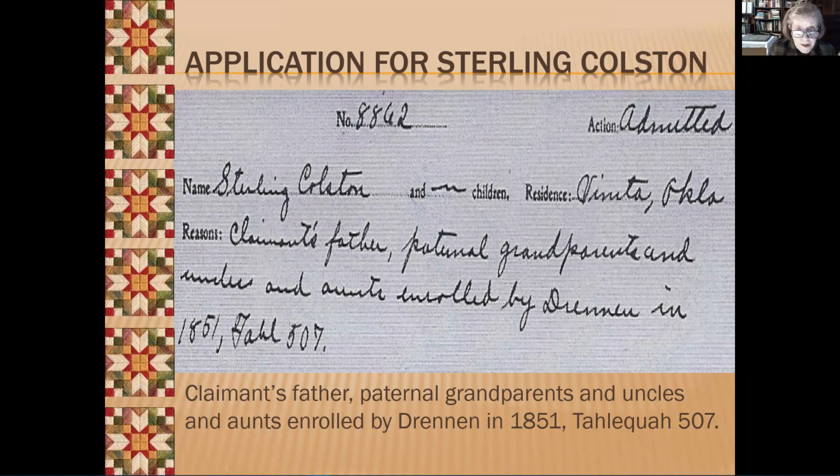The Drennan roll was set up by districts. So each family has a district and a family number. They're by families. And so wherever your ancestor was living in 1851, if you don't know, the best thing to do is look on their Dawes enrollment card and see what district they were living in on the Dawes, and it's usually the same one.